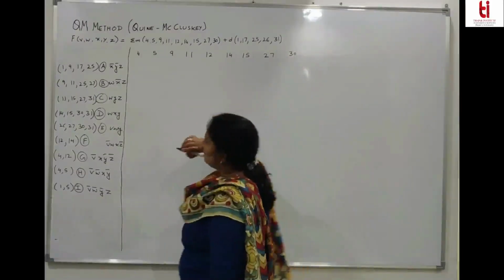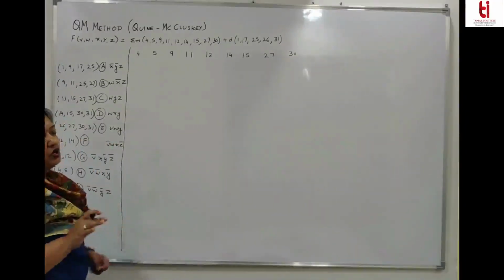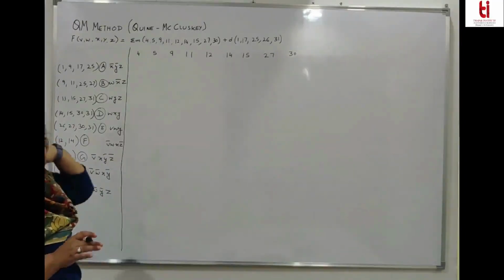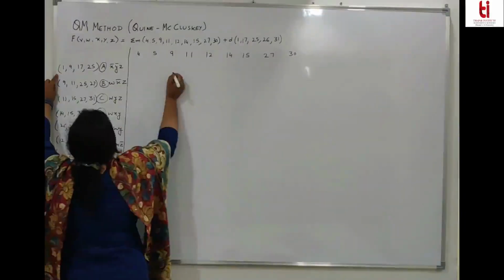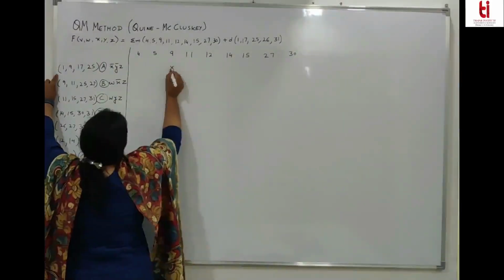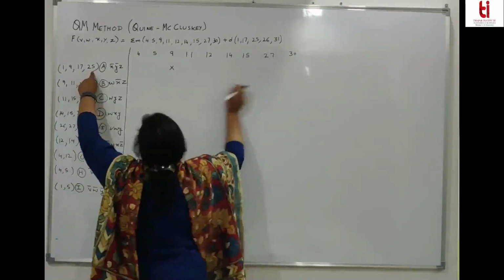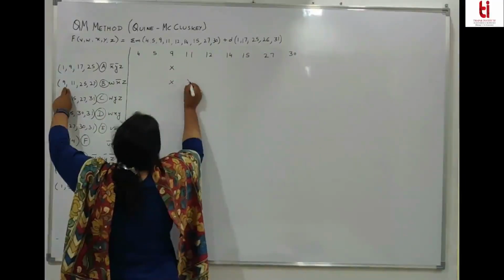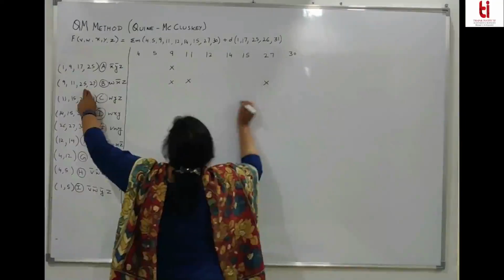So this is a prime implicant table. And you mark all the terms. You have 1, 9, put a cross, 17, 25, 9, 11, 25, 27.